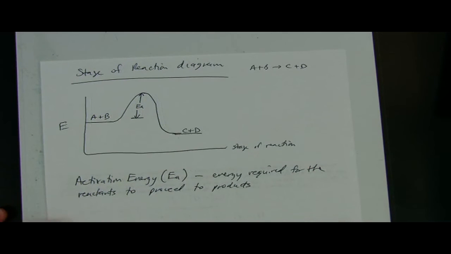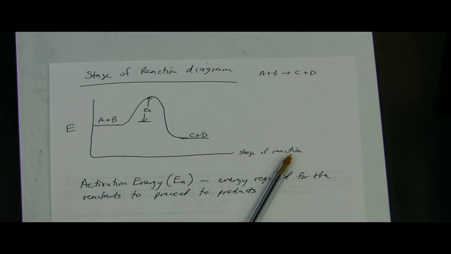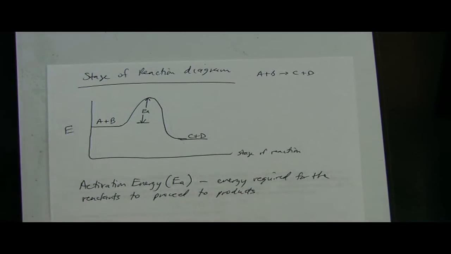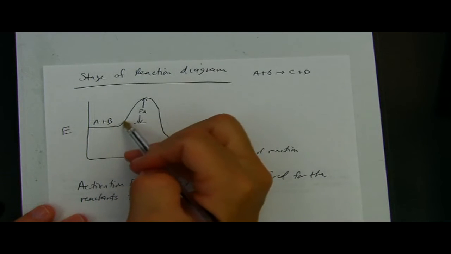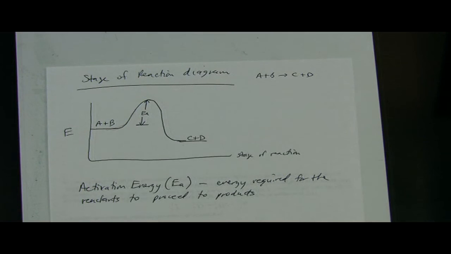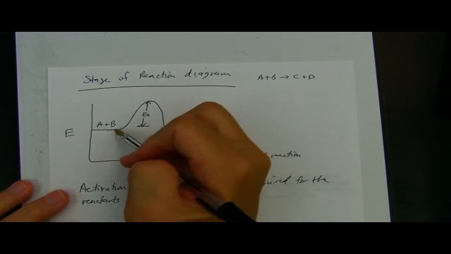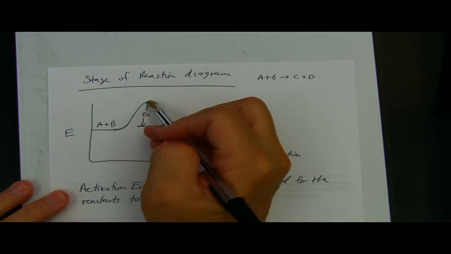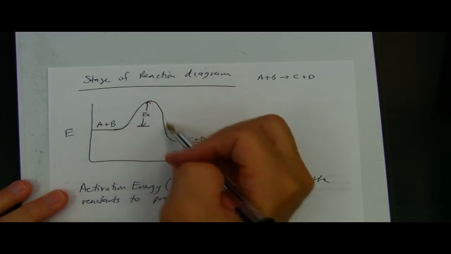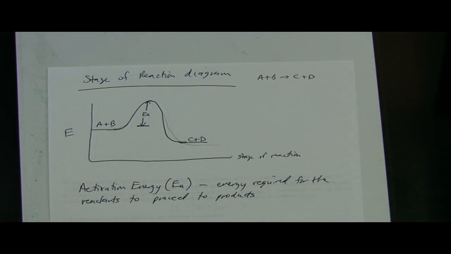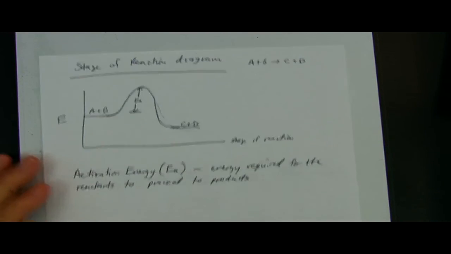If A and B collide with less energy than that, they'll go up but then fall right back down. They'll bounce off each other and nothing happens. If there's enough energy in their collision to get above the activation energy, then they fall over into products. So that's called the activation energy.